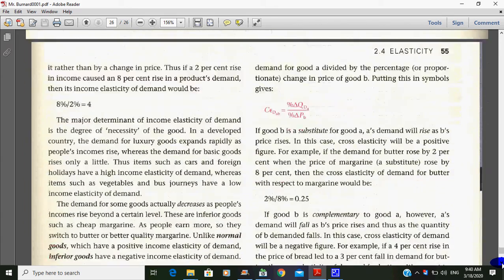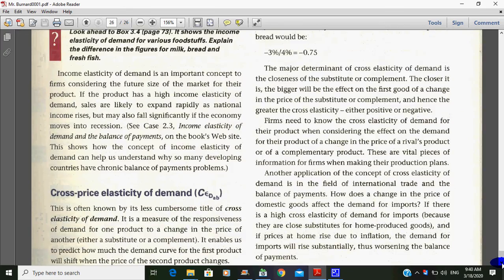Let's go to the other section of our video now. Income elasticity of demand is an important concept to firms considering the future size of a market for their product. If a product has a high income elasticity of demand, sales are likely to expand rapidly as national income rises, but may also fall significantly if the economy moves into a recession.